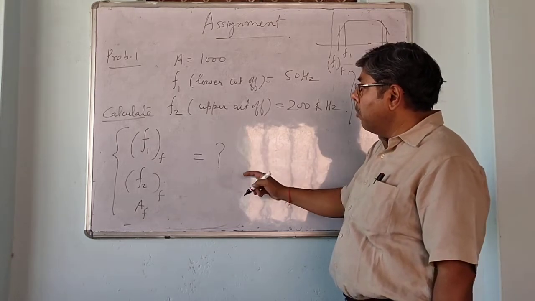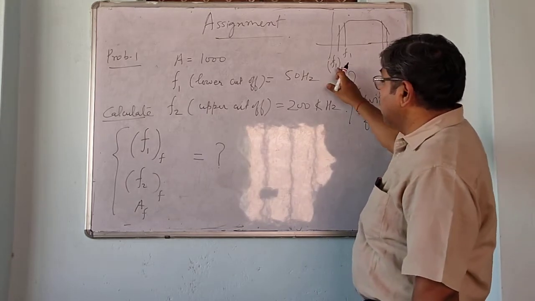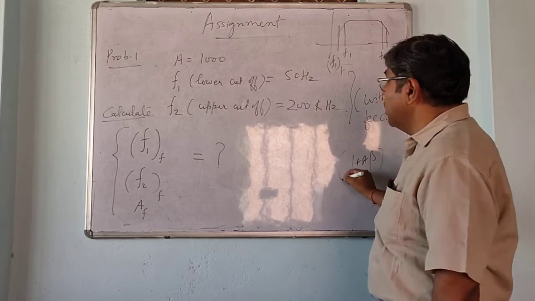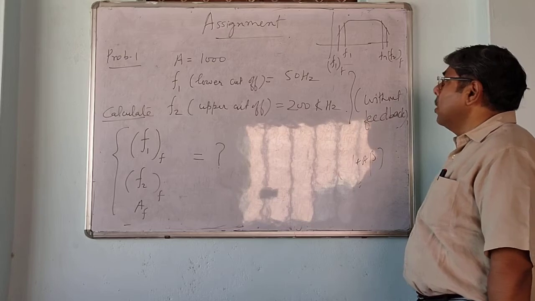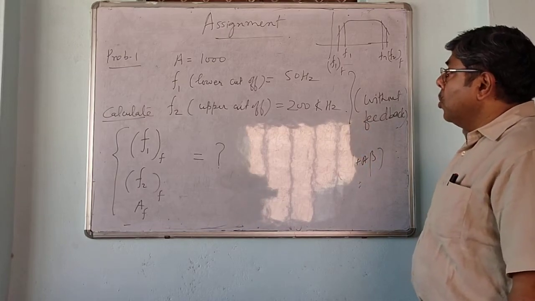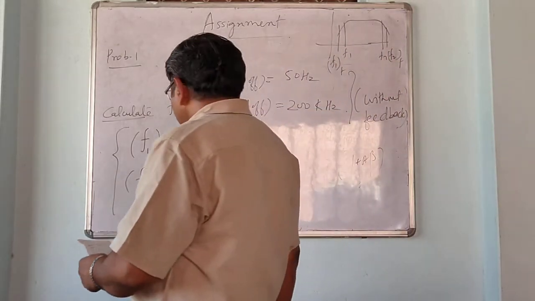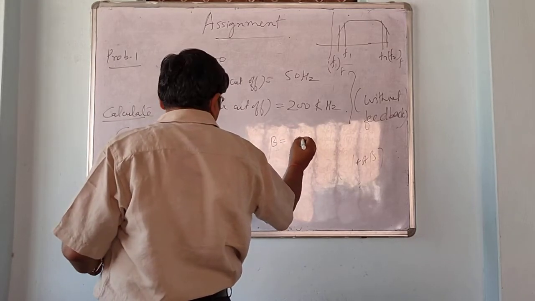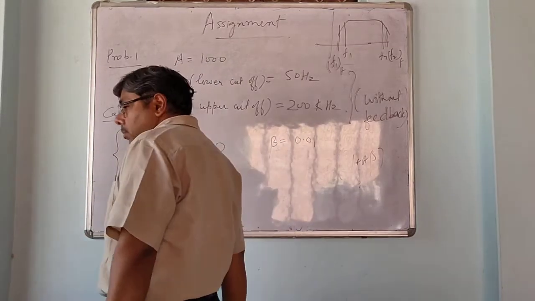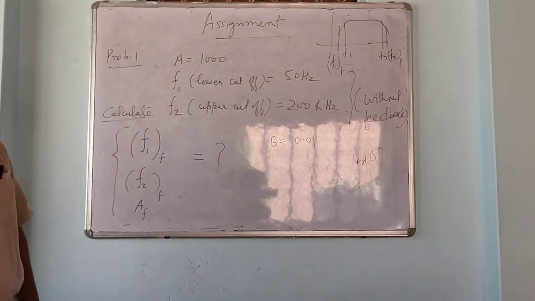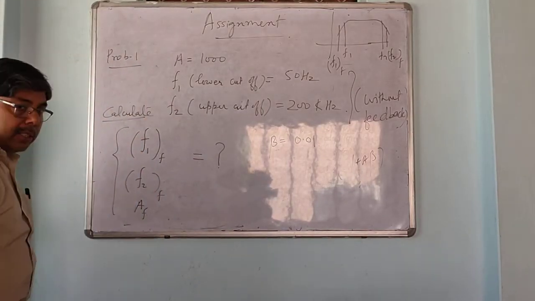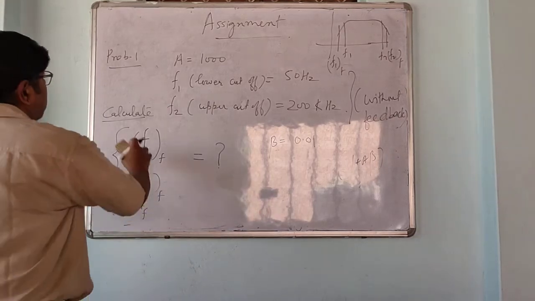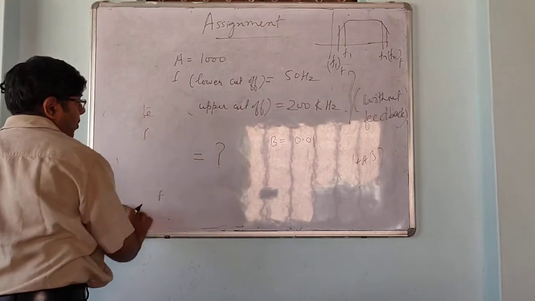So you can calculate, this is changed by the factor 1 plus A beta. This factor is important. Beta is given in this problem. You can use 0.05. Similarly, you can calculate gain with feedback. So this is the first problem.